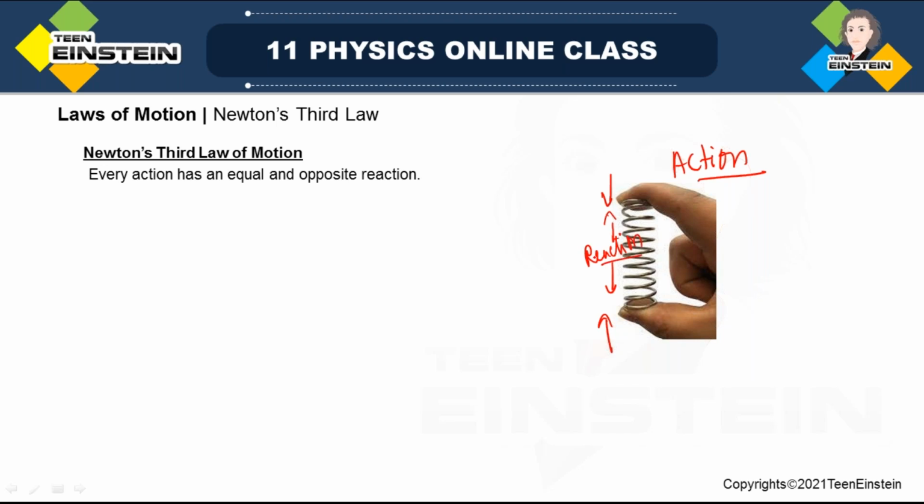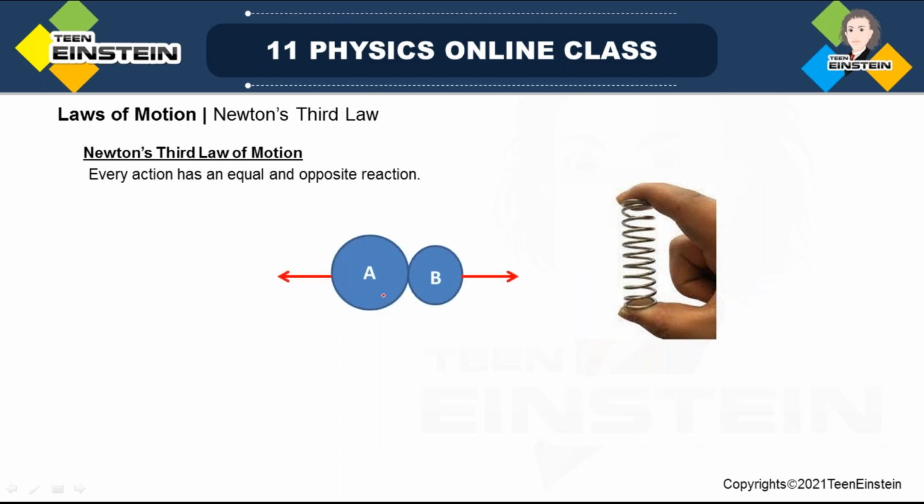Not only this, in this universe, anything you take, suppose there are two objects, A and B, in contact.